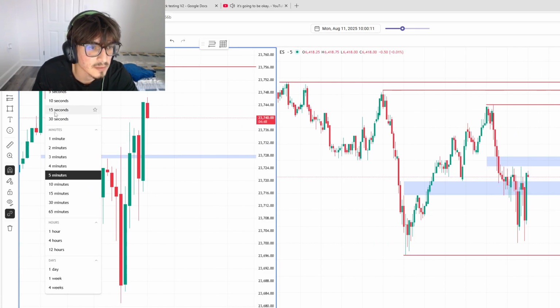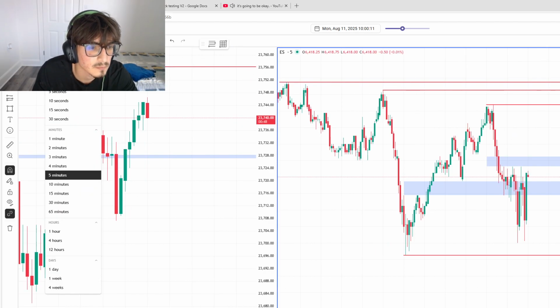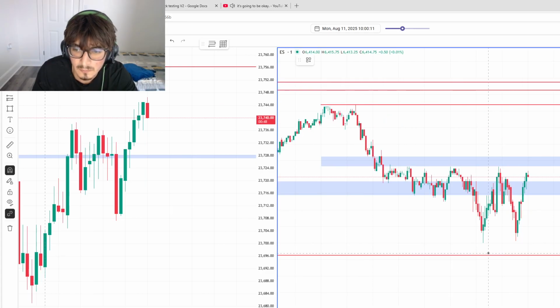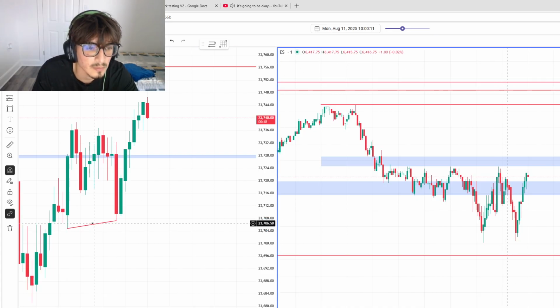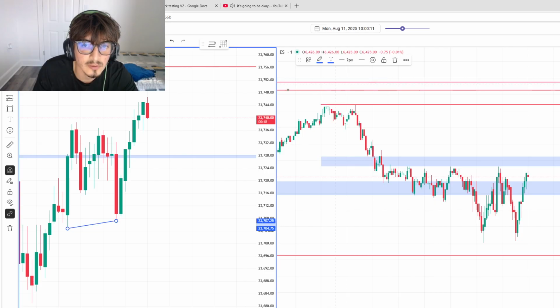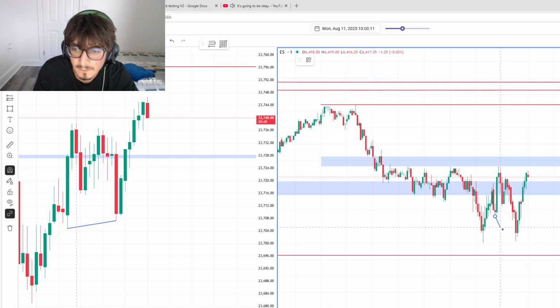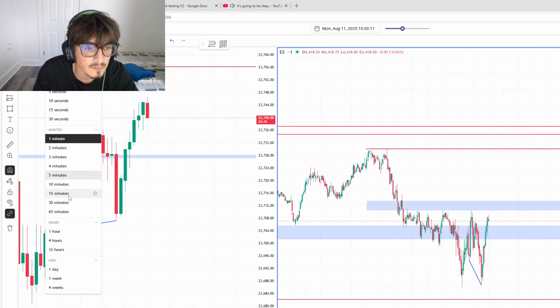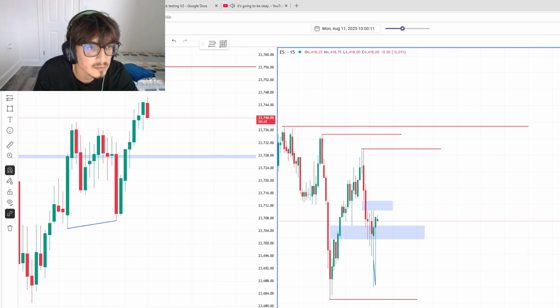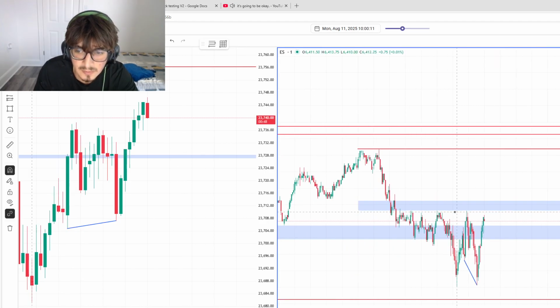Maybe we formed the SMT down here. The edge is this low. We did form an SMT here, but I don't know, SMT isn't really too strong. I would have preferred the other one. I do have nice LRLR to the upside for ES, so we could take this out.